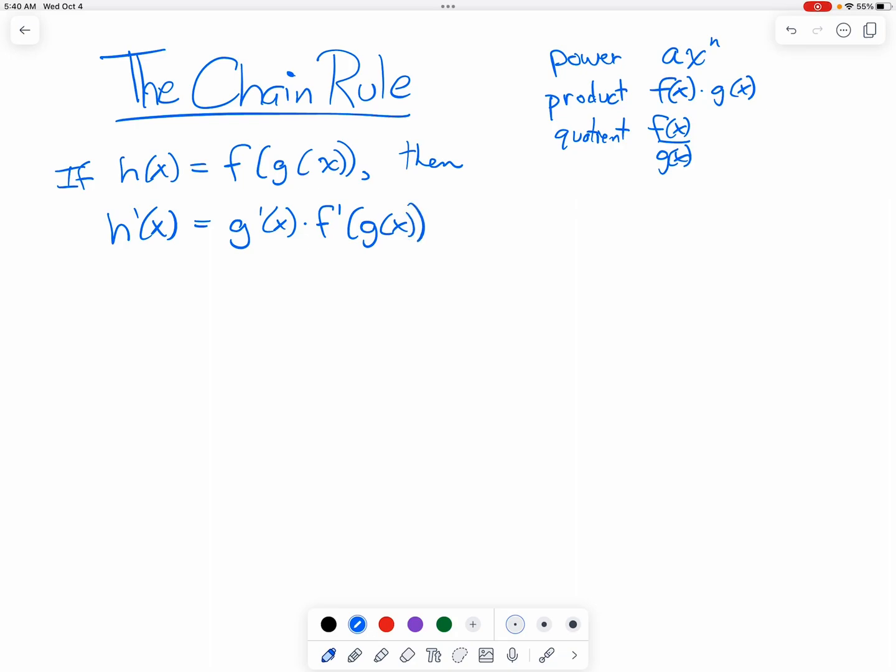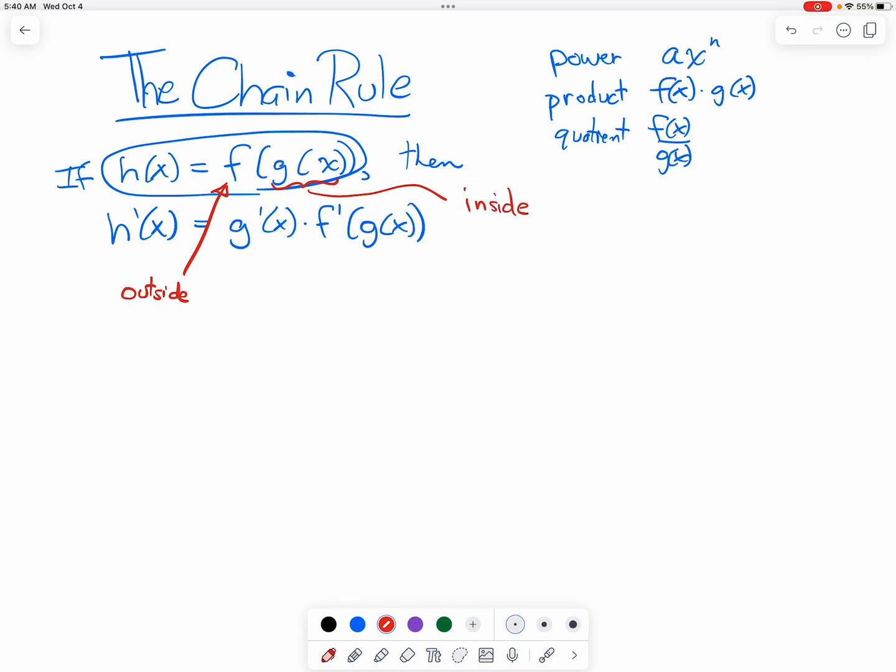So I think of it like this. If a function h of x is expressed as an outside function, the f of x, and then the g of x is another function that's what I call inside. It's nested in the function.